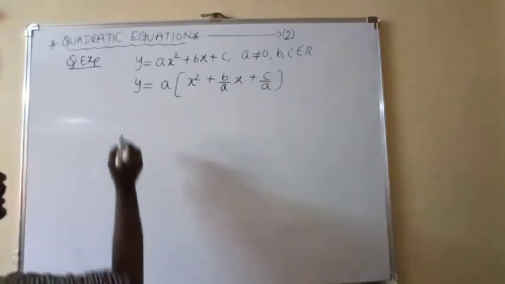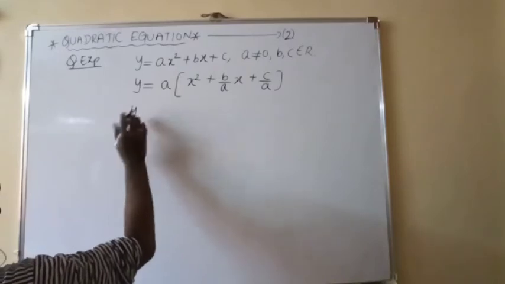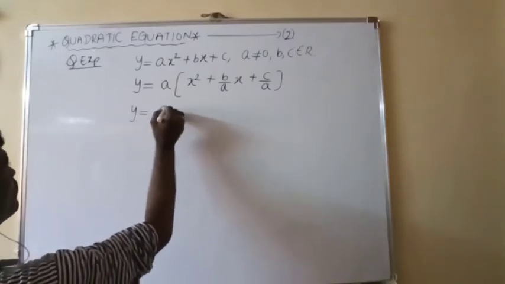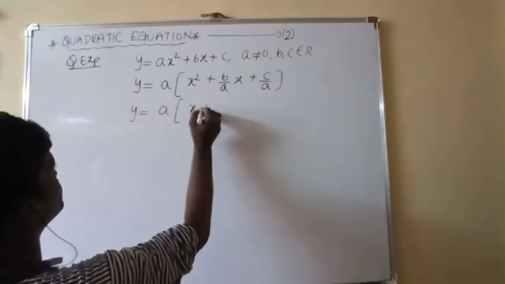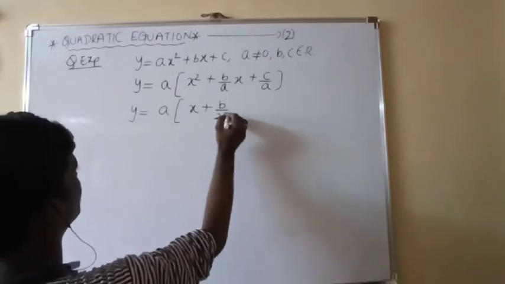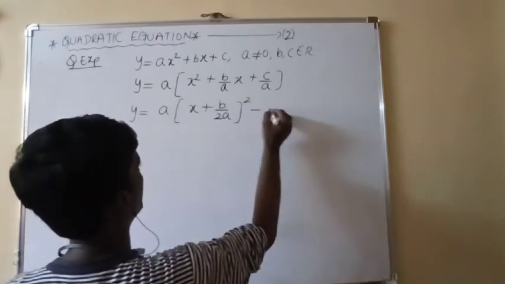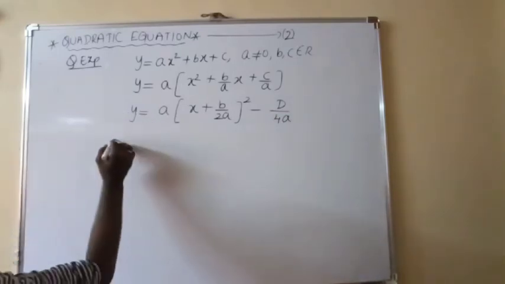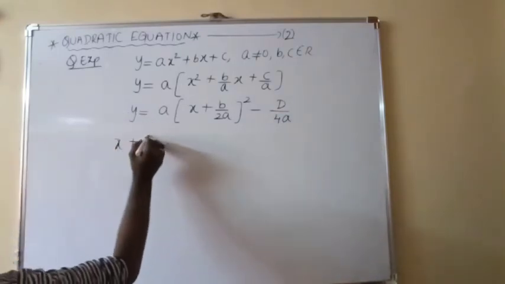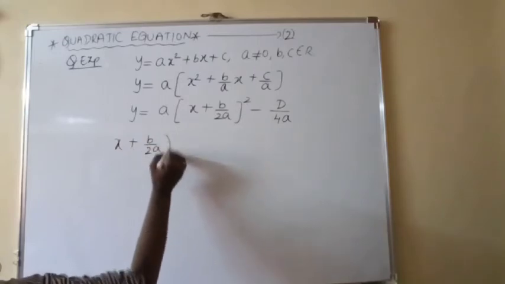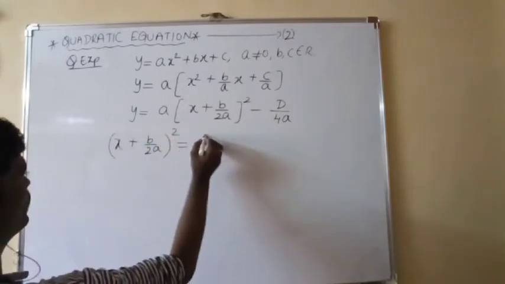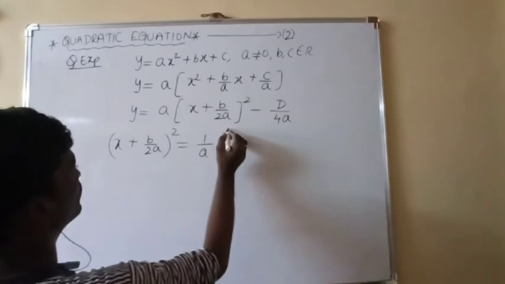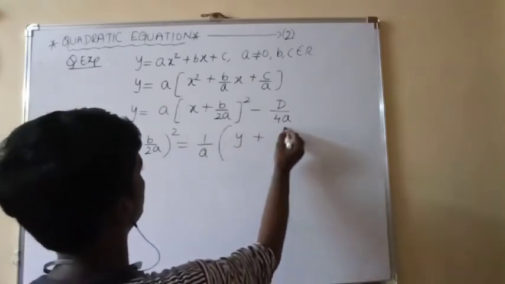So I'm going to write directly. You will finally get it in this form: a into x plus b by 2a whole square minus d by 4a. Further, this can be written as x plus b by 2a whole square is equal to 1 by a into y plus d by 4a.